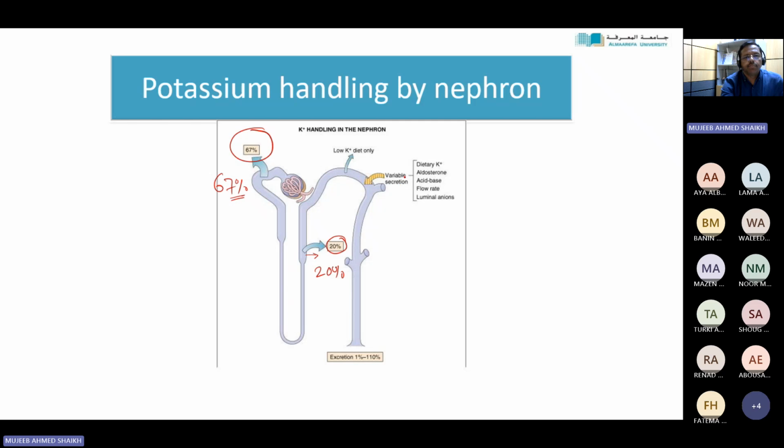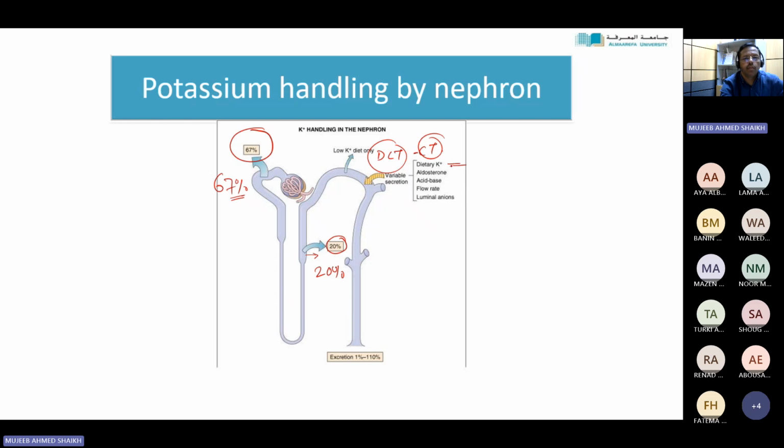And in the last part, the DCT and CT, there will be a variable amount of sometimes reabsorption, sometimes secretion of potassium, based on how much dietary potassium the person is eating.